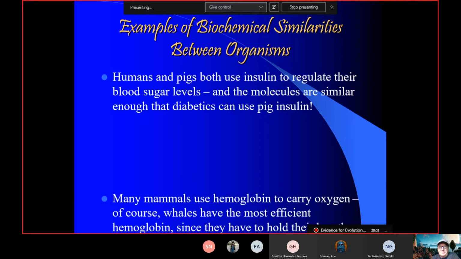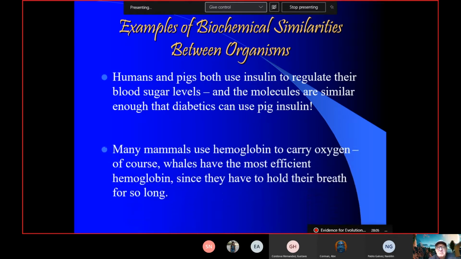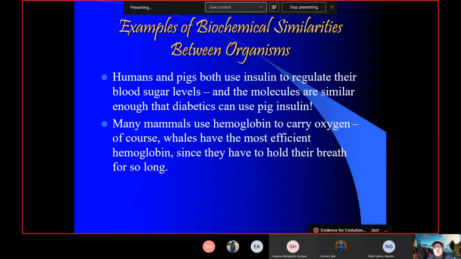Here's another one. Many mammals use this molecule hemoglobin to carry oxygen. And if we look at the efficiency of the hemoglobin, the most efficient is in the whales, which makes sense, because if it's holding oxygen, isn't that something a whale would really need, the ability to have efficient storage of oxygen?